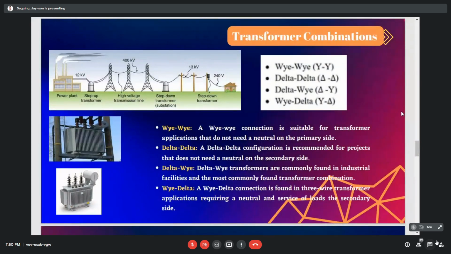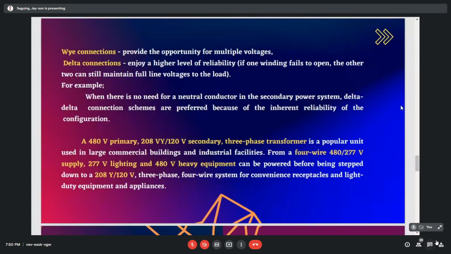The reasons for choosing a Y or delta configuration for transformer winding connections are the same as for any other 3-phase application. Next slide, please. Y connections provide the opportunity for multiple voltages, while delta connections enjoy a higher level of reliability.